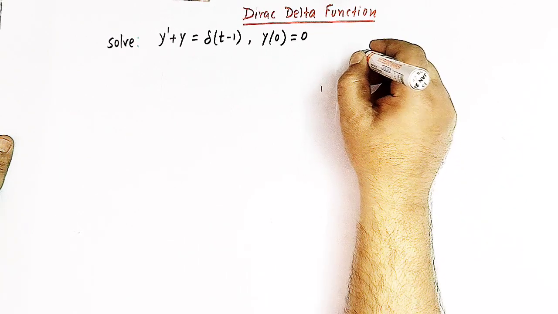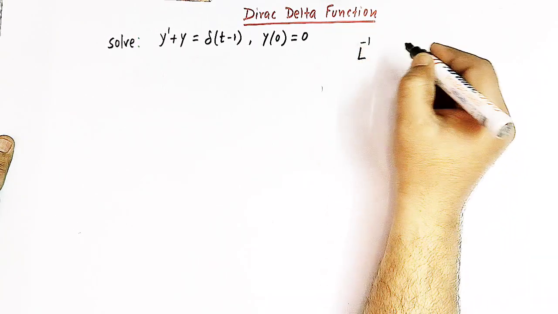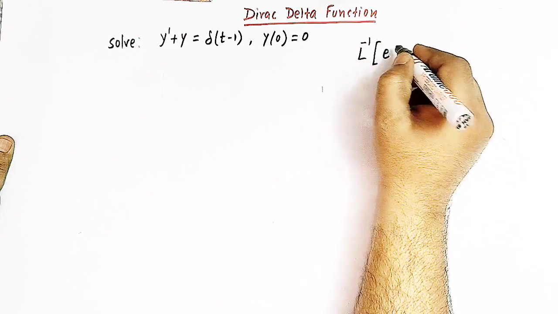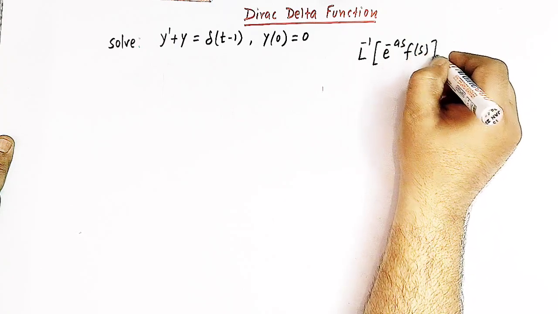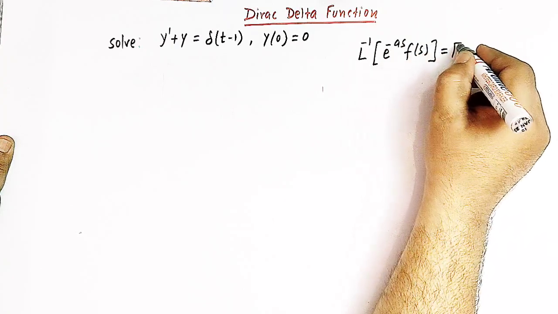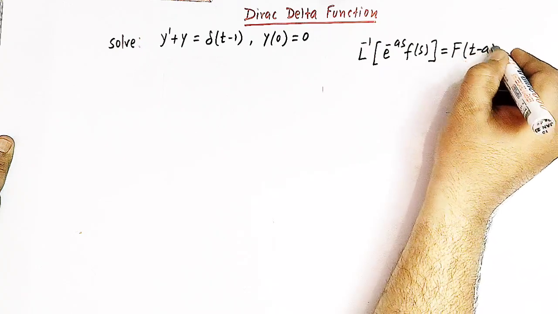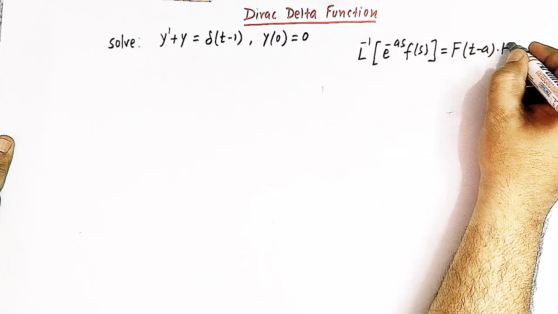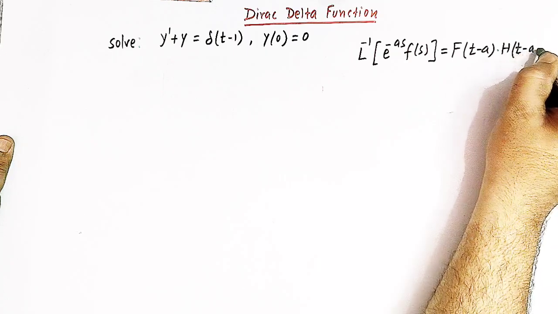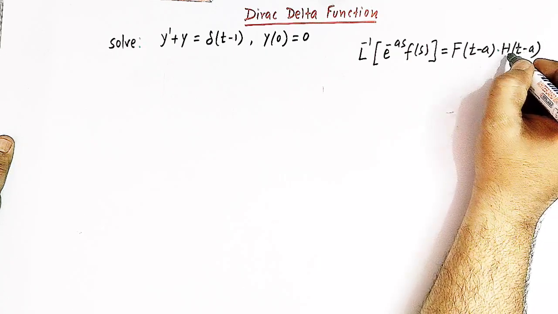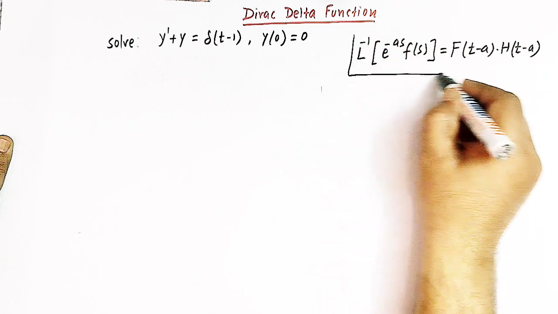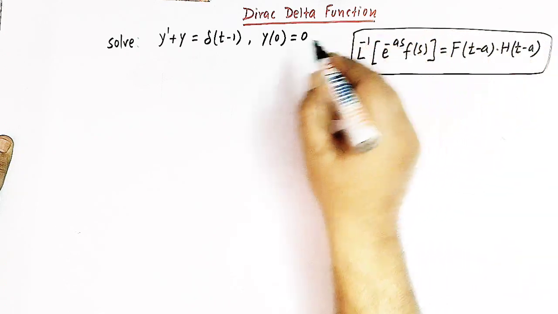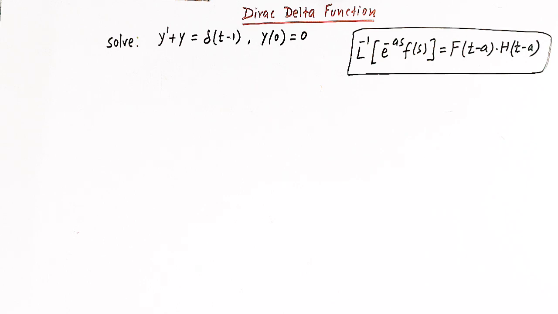The inverse Laplace transform of e raised to minus as times F of s is given by f of t minus a multiplied with h of t minus a, where h is the famous Heaviside unit step function. This result would be used while solving this differential equation.